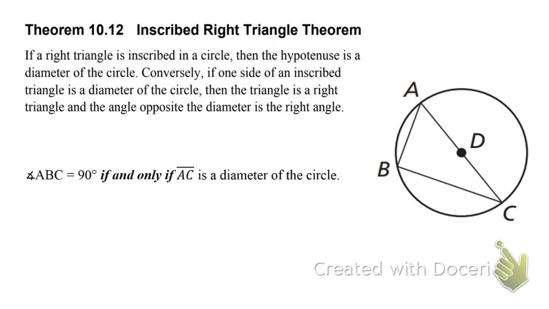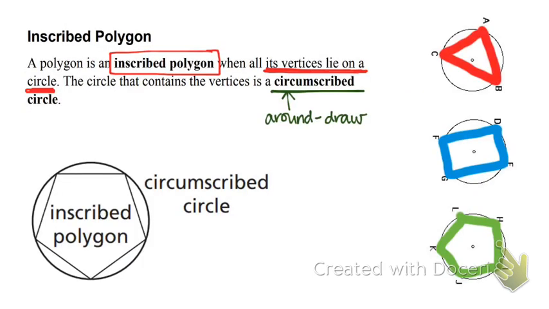So does everybody understand what an inscribed polygon is? That means the circle is circumscribed about it. That means each vertex of the polygon is on the circle.